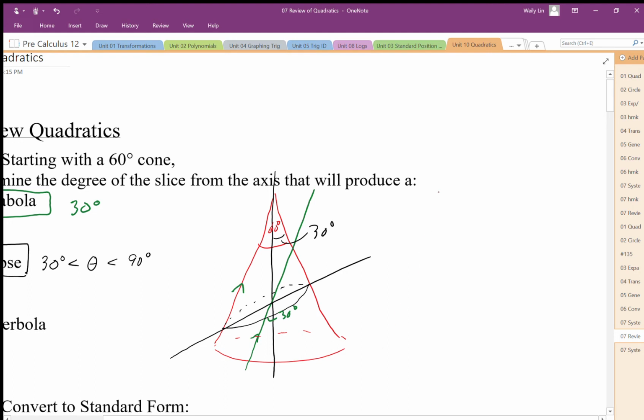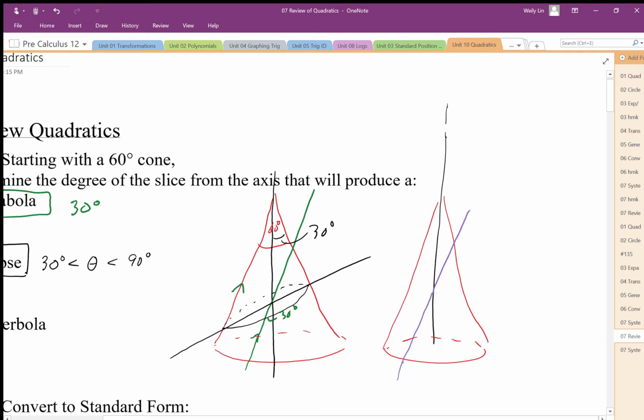So we have our 60-degree cone. We have our axis of rotation right through the middle. And as we increase our slice from the parabola, anything more vertical, so for example something like that, is a little bit hard to show. Maybe I need to exaggerate this a little bit.